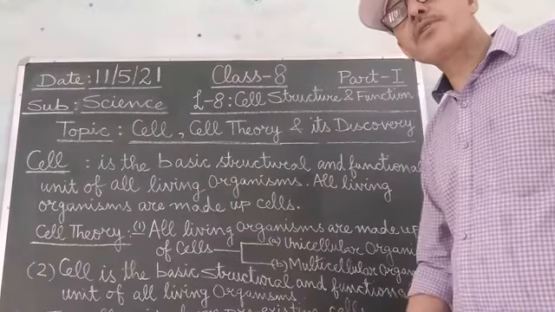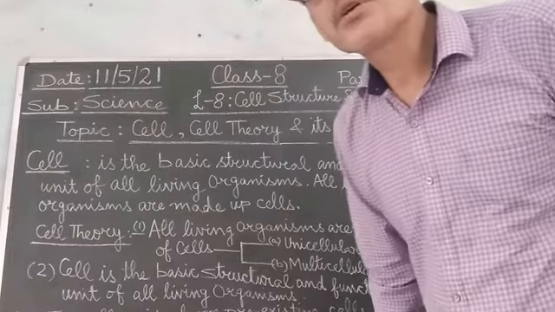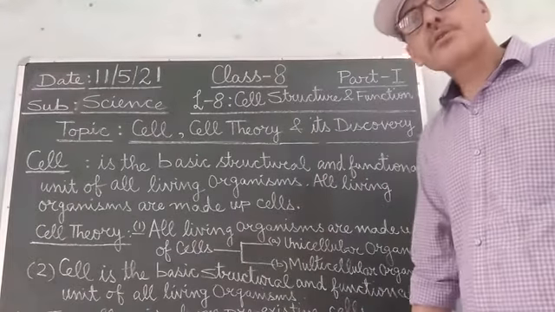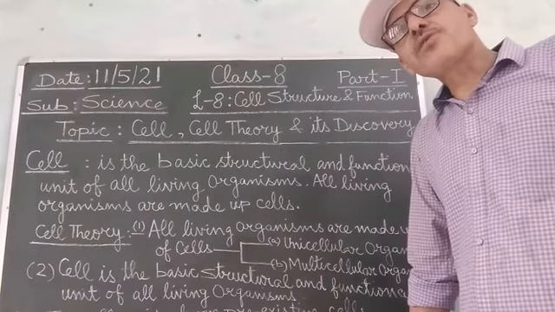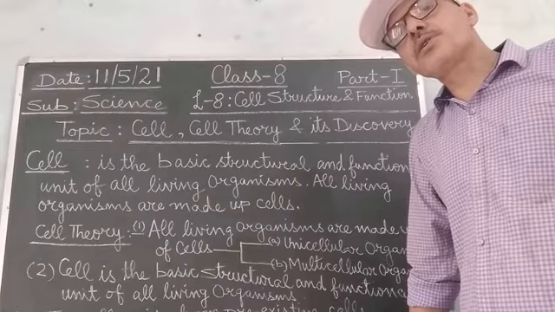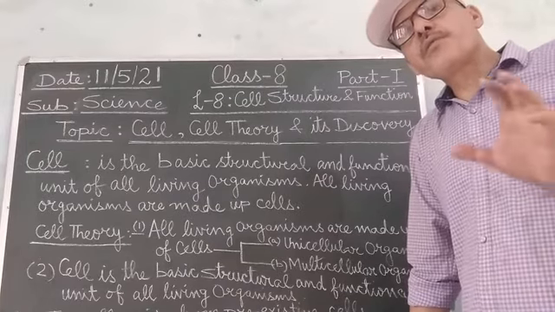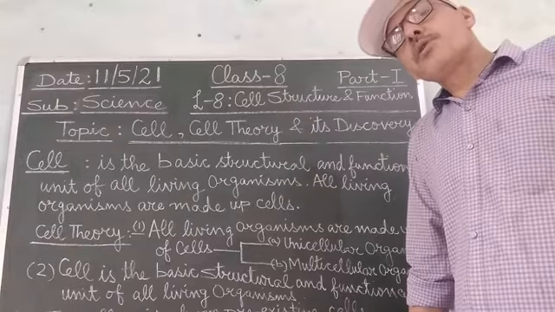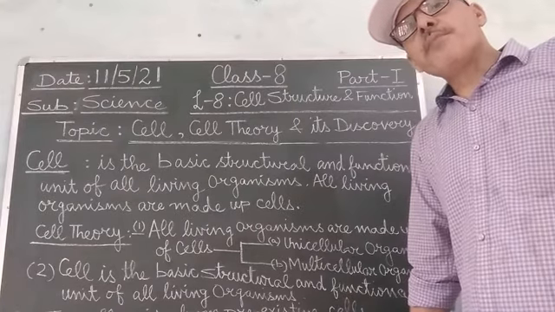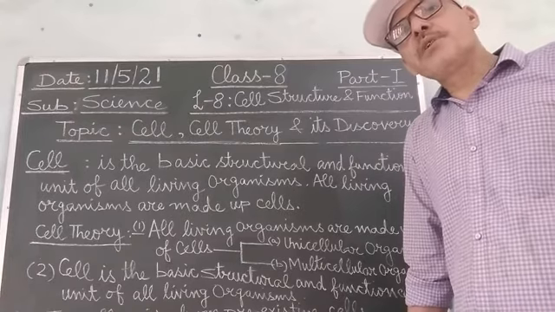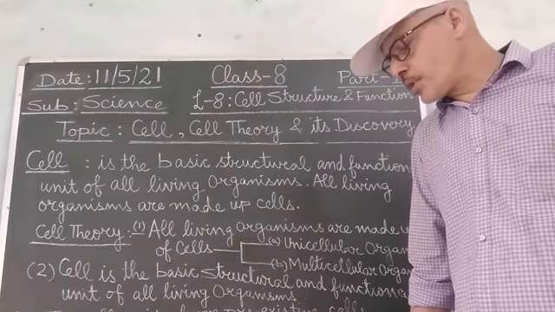Now students, I will tell you a little bit about the size of the cells. The size of the cell also shows tremendous variation, and this also depends upon the type of function the cells are performing in the body of the living organisms.